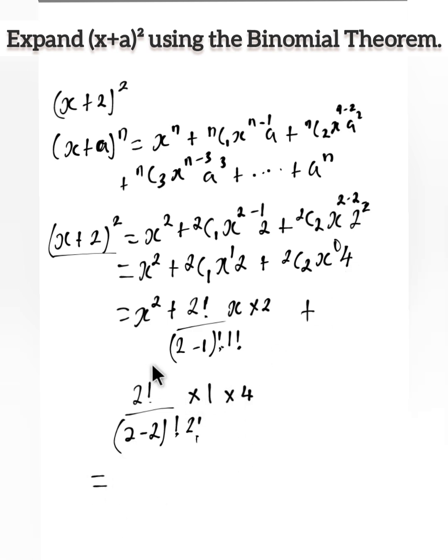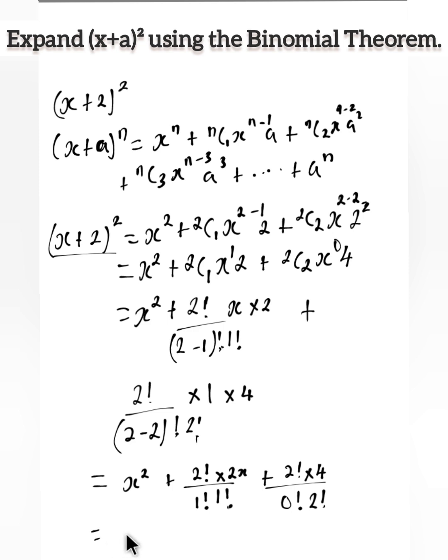Now let's simplify this further. This gives us x squared plus 2 factorial all over 2 minus 1 is 1 factorial, 1 factorial, x times 2, which is times 2x, plus 2 factorial all over 2 minus 2 is 0 factorial, 2 factorial. Then 1 times 4 is 4, which is times 4.